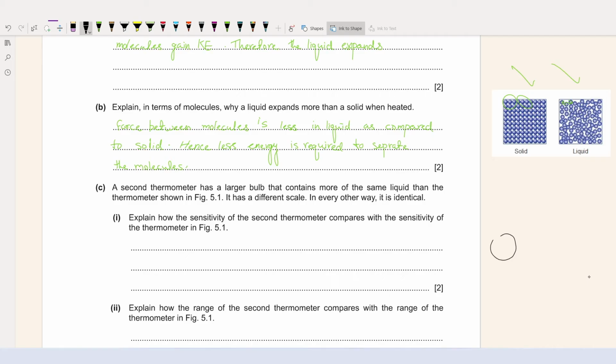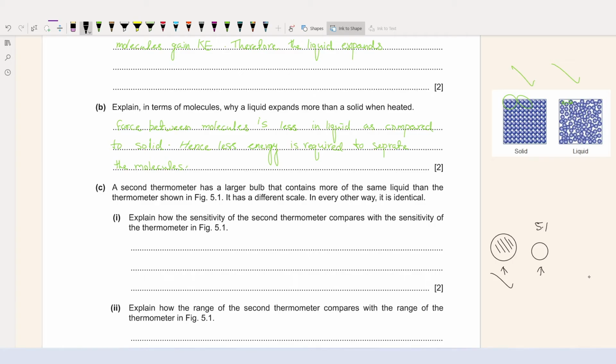We can draw the bulb size here. When this is heated, the liquid will expand more because the volume is more as compared to this bulb. This is the figure 5.1 bulb, and this is the new thermometer's bulb. So we can see when this is heated, the liquid will expand. That's why the sensitivity of the second thermometer is high.